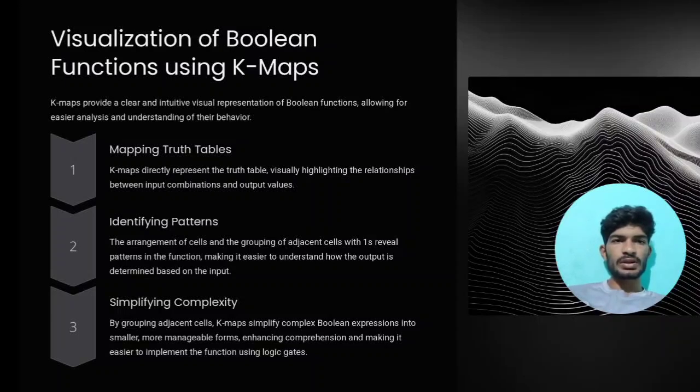The arrangement of cells and the grouping of adjacent cells of ones reveal patterns in the function, making it easier to understand how the output is determined based on the input. Simplifying complexity. By grouping the adjacent cells, KMap simplifies complex Boolean expressions into smaller, more manageable forms, enhancing comprehension and making it easier to implement the function using logic gates.